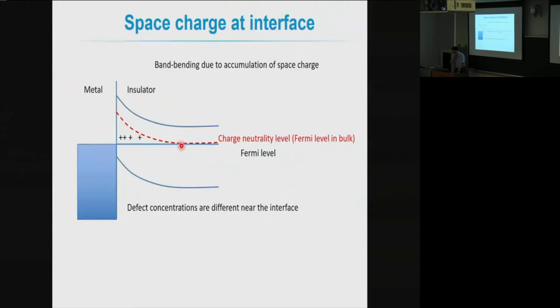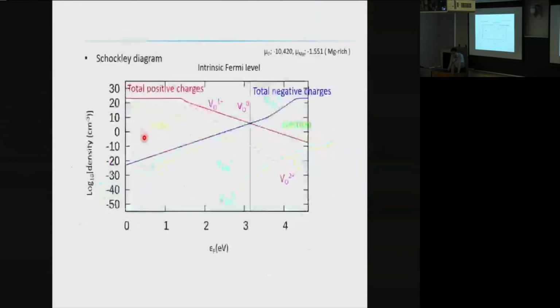And here, the band bending is determined by the space charge that develops when the Fermi level deviates from the intrinsic Fermi level. What we have calculated just before is that when the Fermi level is here, it is charge neutral, but when the Fermi level is below this intrinsic level, you can calculate from the difference how much charge will be accumulated in those regions.